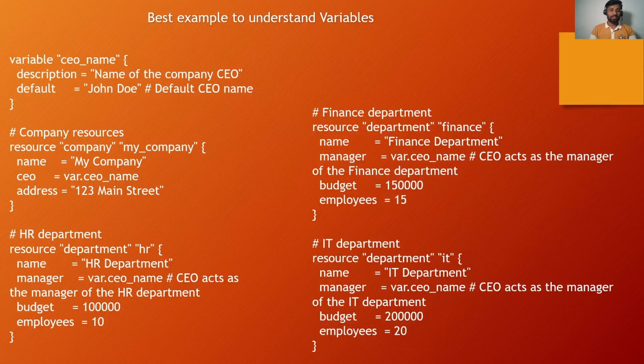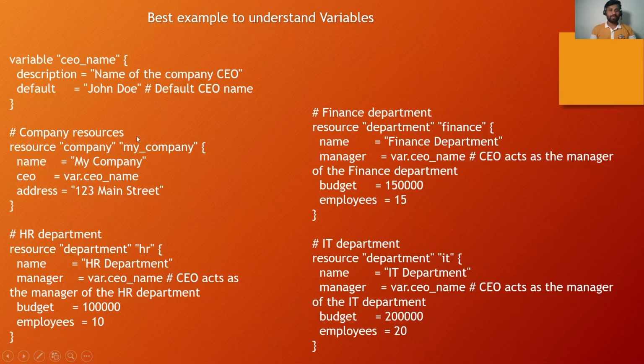See, company resources. I think this is a fantastic example to understand variables, right? If we change in one place only, then the default value of the variable is displayed on all places, if they are using the variable name ceo_name. So let's go.